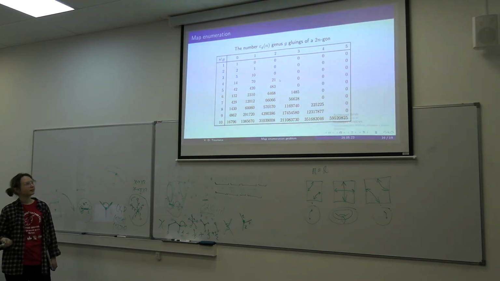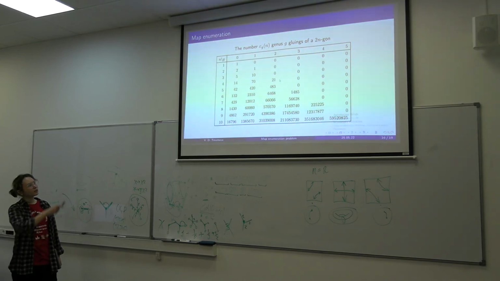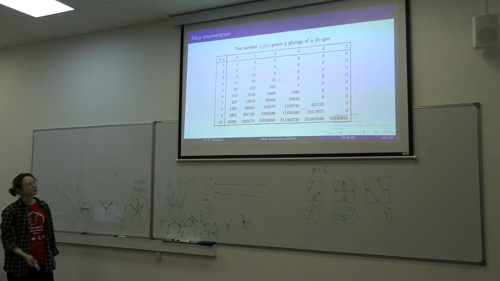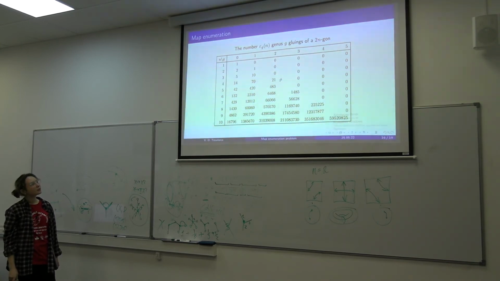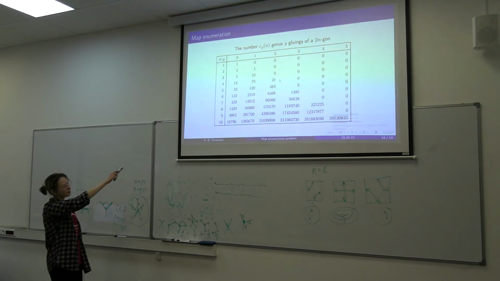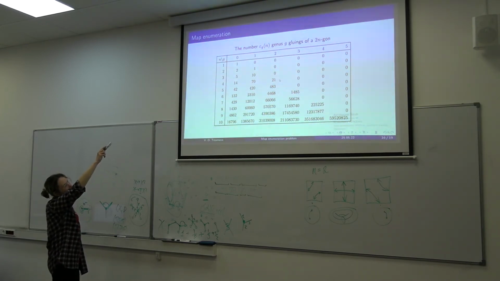This is exactly the ways of gluing the two n-gon to get the sphere. So this is the generalization of that formula.